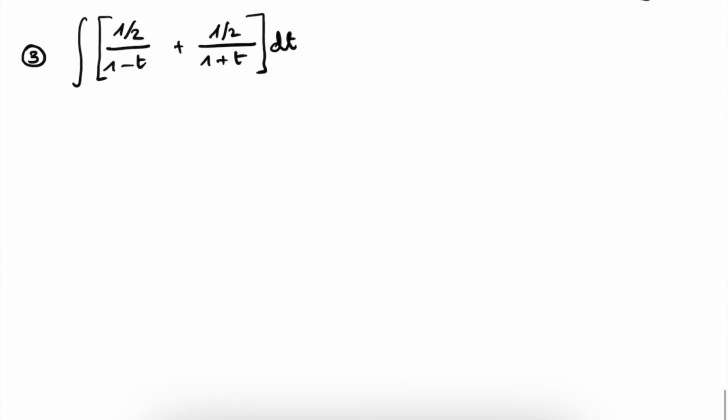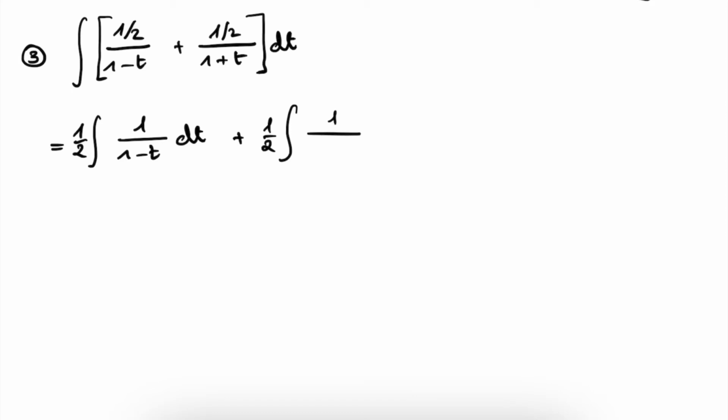This integral can of course be split into two. So first we have the integral with a 1/2 in front of it, because these are just constant terms, which can always be put in front of the integral. 1 divided by 1 minus t dt plus 1/2 times the integral of 1 over 1 plus t dt, which is simply this integral.